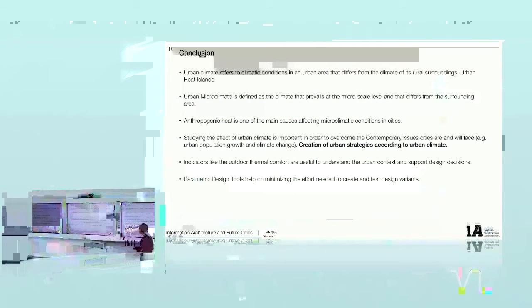So, to conclude, just some general remarks. Urban climate refers to the climatic conditions in an urban area that differ from its surroundings. Also, urban microclimate is defined as the climate that prevails at a microscale level. I hope you have that clear. Also, anthropogenic heat is one of the main causes affecting the microclimate conditions.